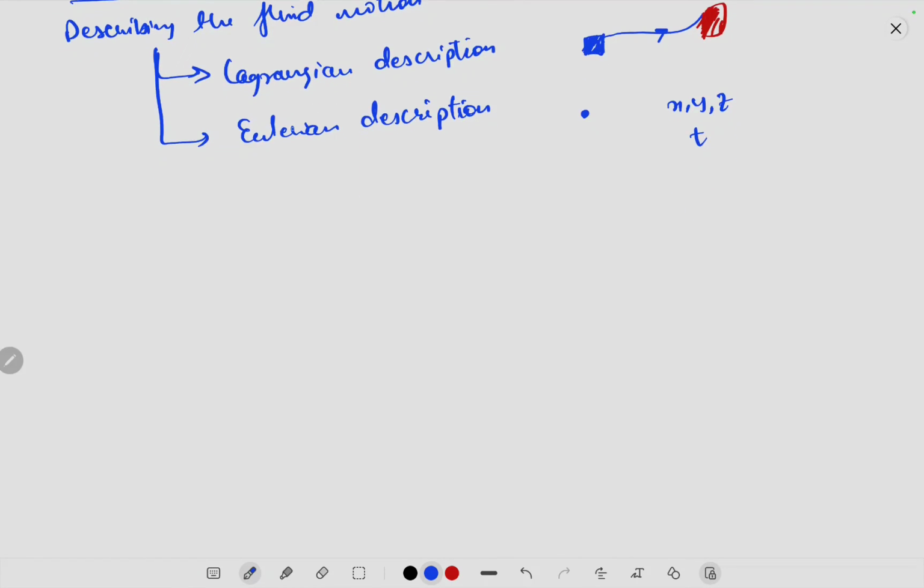Then we understood the relationship between these two descriptions, Eulerian and Lagrangian.